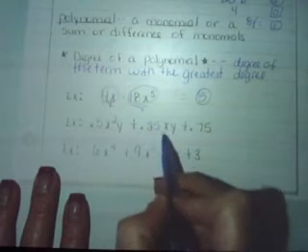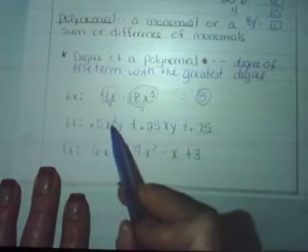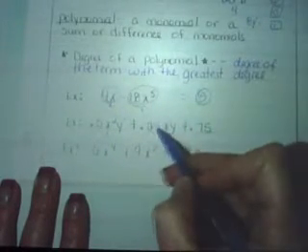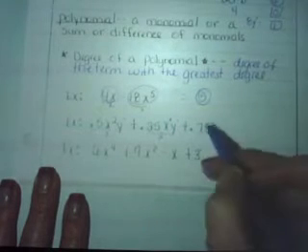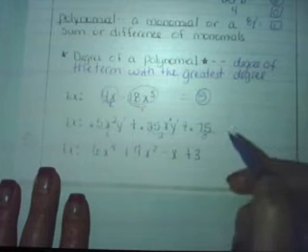My second polynomial, I can see I have 1, 2, 3 terms. The highest degree of this first term is 3, because 2 plus 1 is 3. The degree of this second term is 2, because I have 1 and 1. And the degree of this last term, I don't have a variable, so it has no degree.